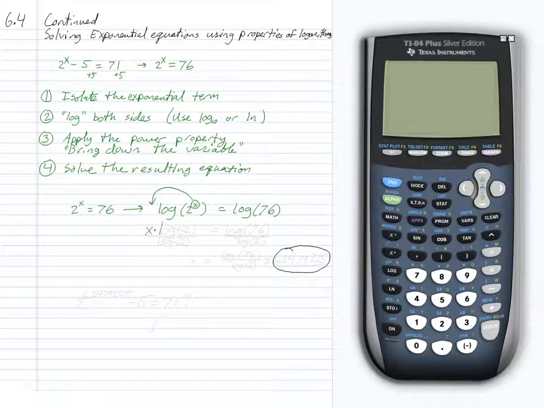And the resulting equation is x log of 2 equals log of 76. Now, all that I need to do to solve for x is to divide both sides by log of 2.